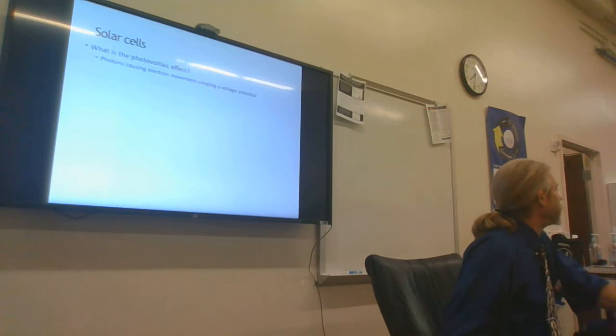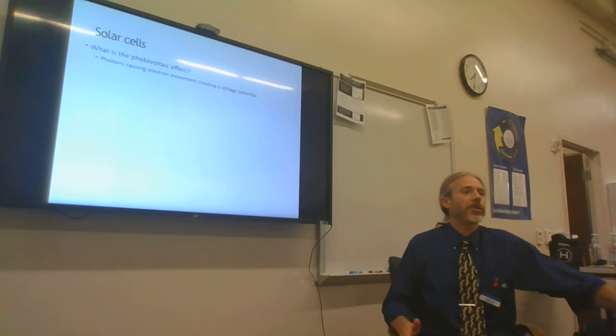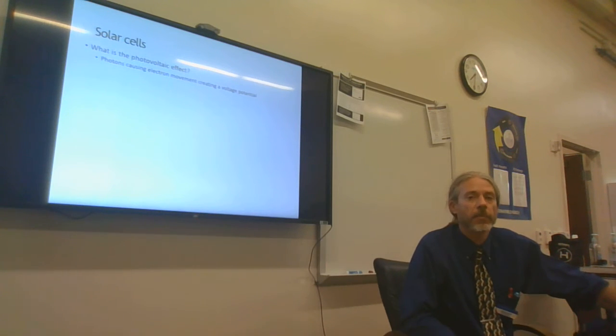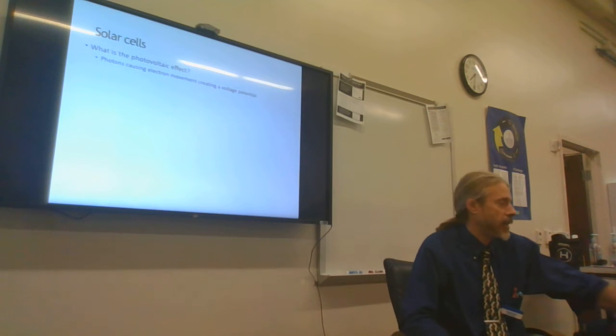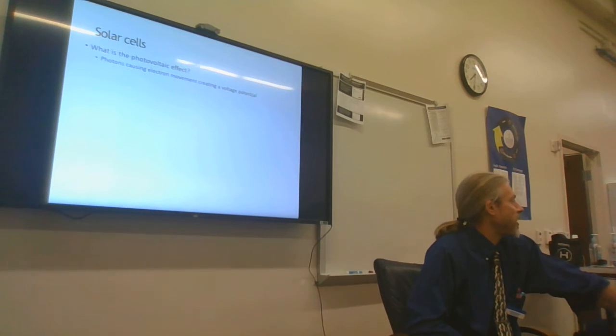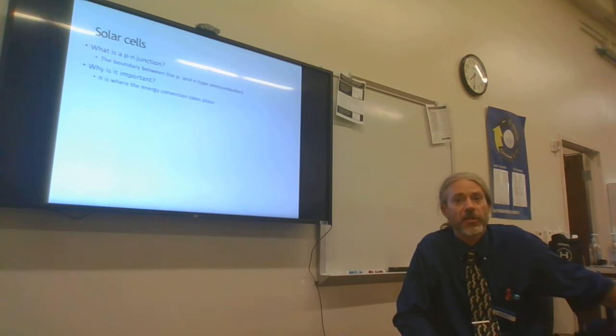So we already know what the photovoltaic effect is, and that is where solar radiation is turned into electrical energy by a PV cell. More specifically, it is photons that are causing electrical movement and creating a voltage potential.